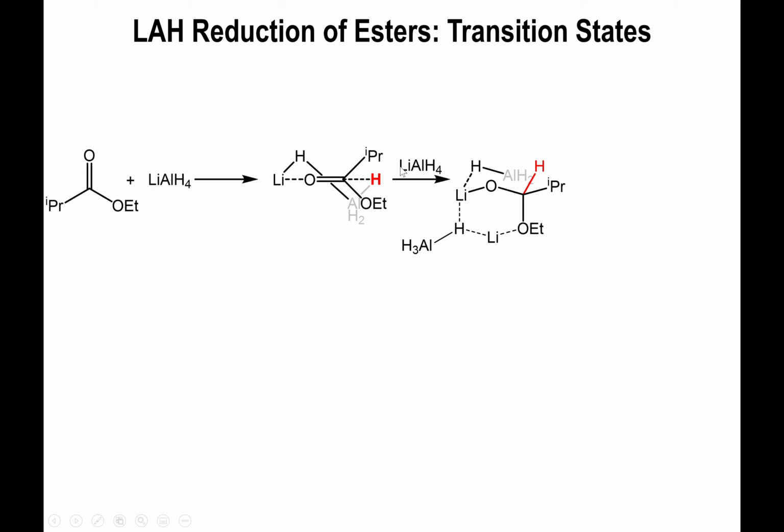But now a new molecule of lithium aluminum hydride comes in, and notice it's right here. That's your LiAlH4, and here is your lithium, your new lithium. All right, so what now happens, interestingly enough, is that the ethoxy component of what used to be the ester is now interacting fairly well with lithium.